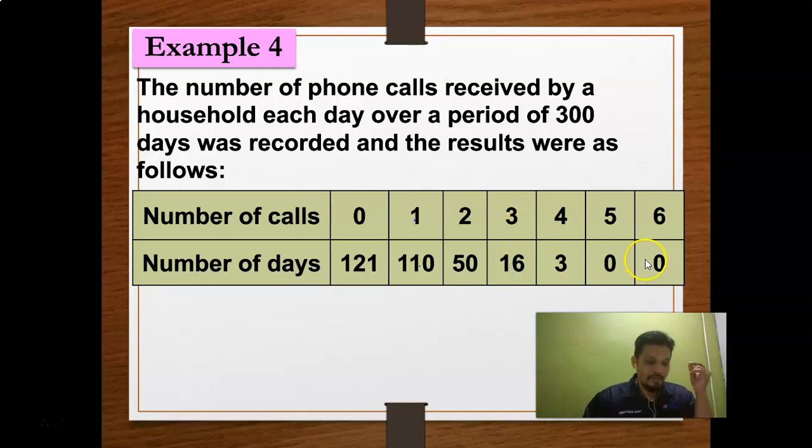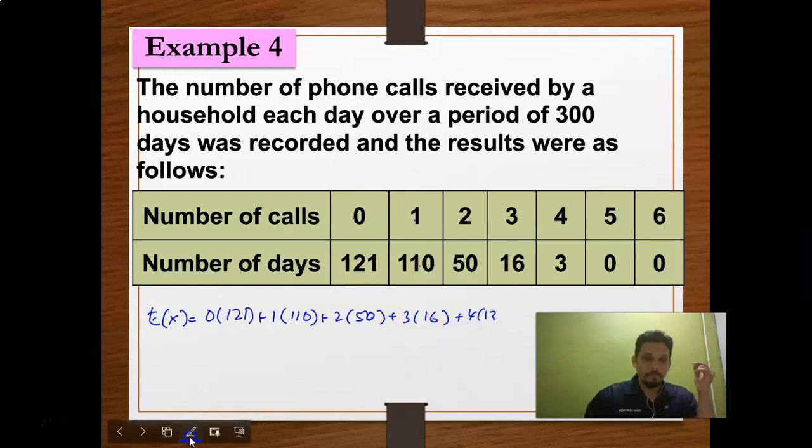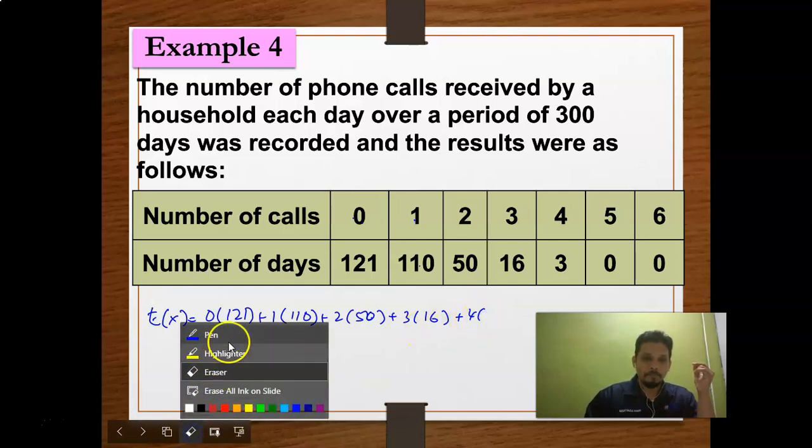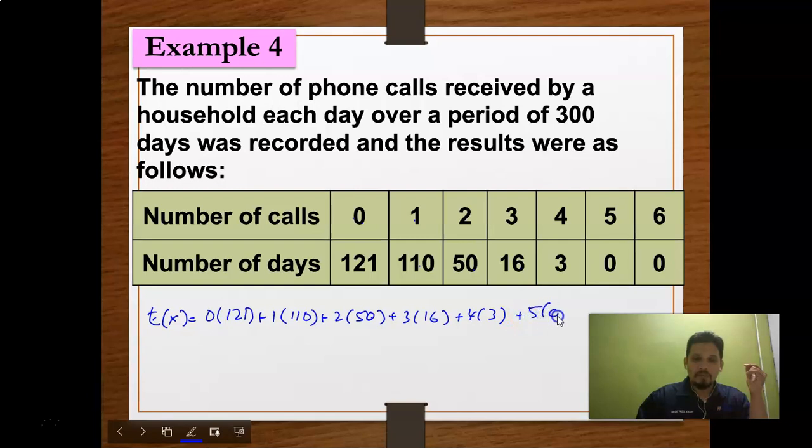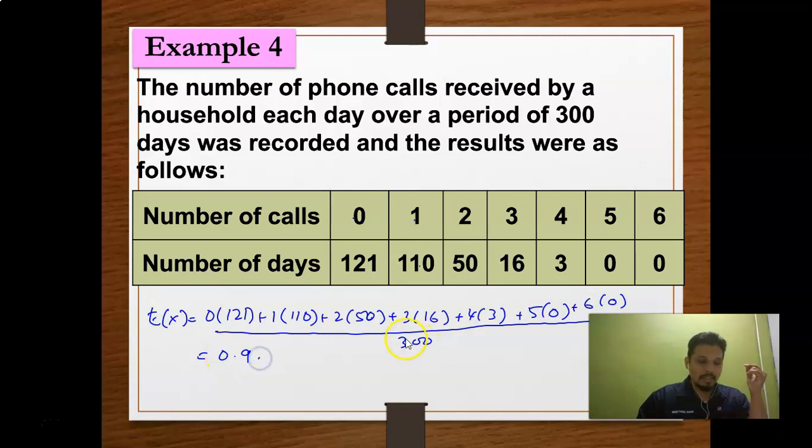So for this one, the mean E(X) equals 0 multiplied by 121, plus 1 times 110, plus 2 times 50, plus 3 times 16, plus 4 times 3, plus 5 times 0, plus 6 times 0, all divided by 300, which equals 0.9.